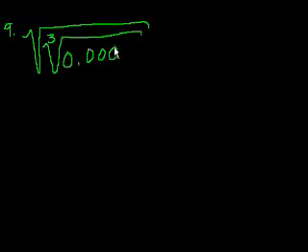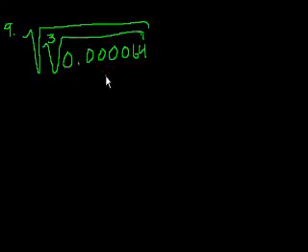Okay, so how many total numbers are behind the decimal point? 1, 2, 3, 4, 5, 6. So it's a cube root. So some number times itself 3 times is equal to 0.0064. And you know whenever you multiply decimals, you add up the number of spots behind the decimal point. If I have 2 numbers that have 2 numbers to the right of the decimal point and I multiply, I'm going to end up with 4.